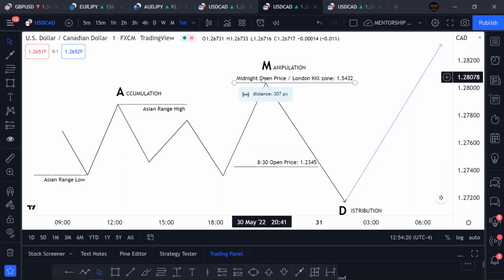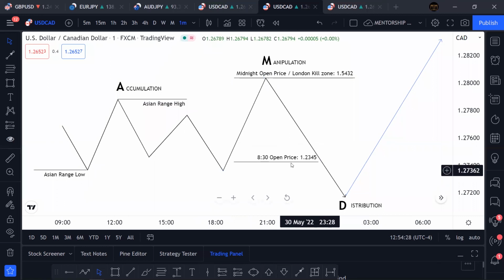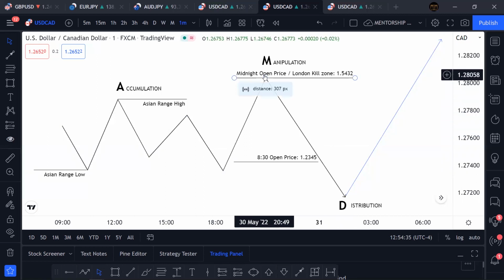So let's look at the midnight open price and the 8:30 New York time open. If price is below these two areas, you will look for opportunities to go long. If price is above these two, you're going to look for opportunities to go short.